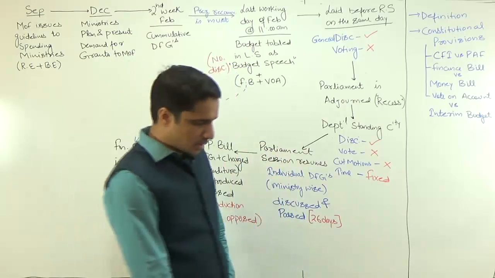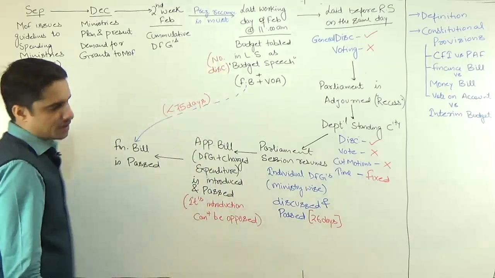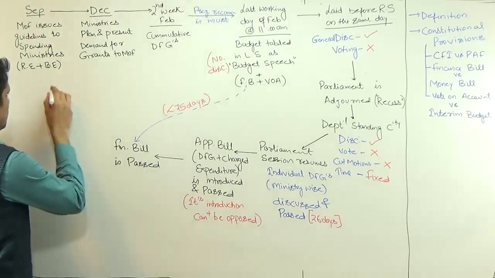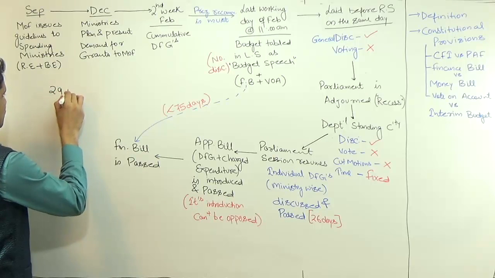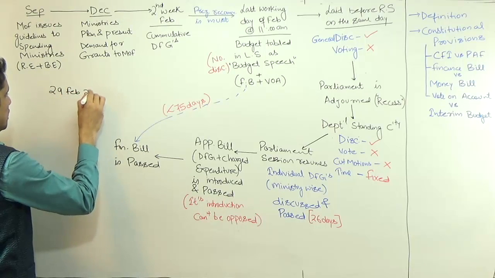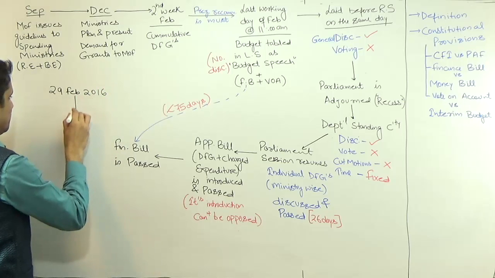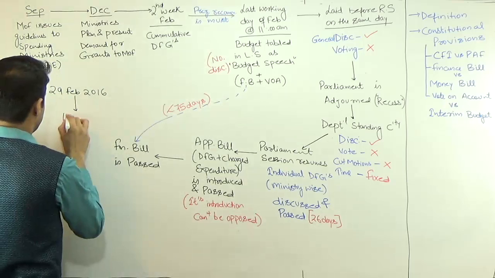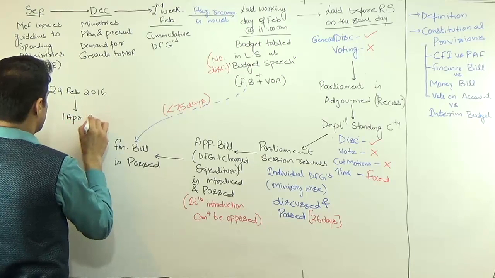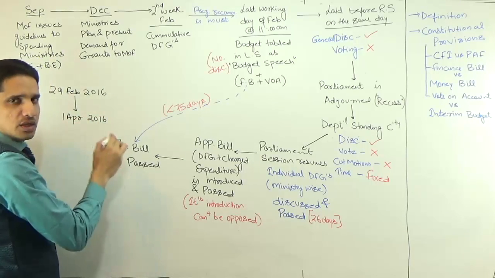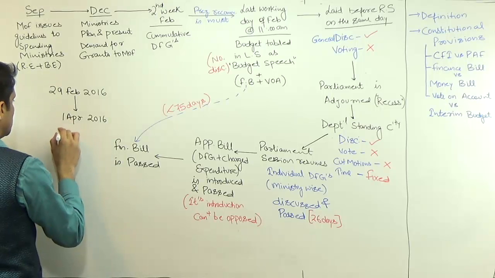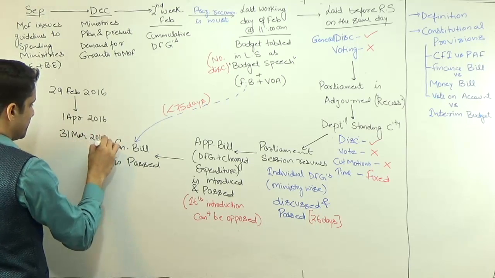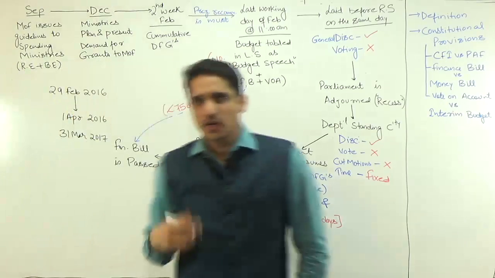So first I will start with the definition of budget. For example, the budget tabled on 29th of February 2016 in the Parliament will be applicable from 1st of April 2016 to 31st of March 2017. So it is an advanced planning.